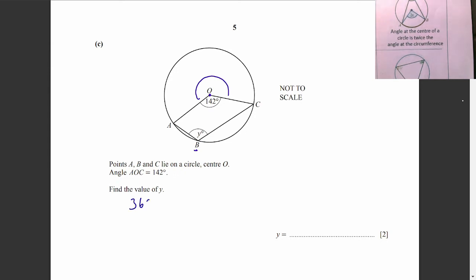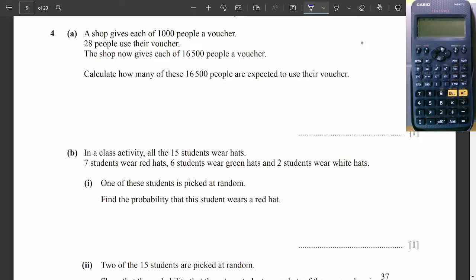So that's 360 minus 142, which gives us 218 degrees. So this angle here, 280 degrees. And then this angle is twice the angle of circumference. So y is 280 divided by 2, which gives us 109 degrees.